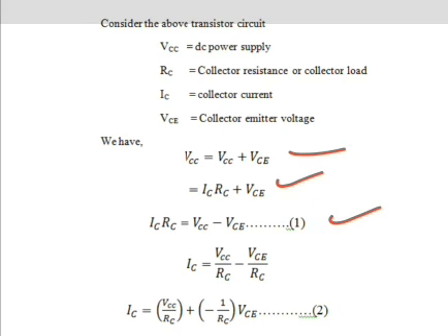Say that is equation 1. And IC equals VCC by RC minus VCE by RC. Therefore, IC equals VCC divided by RC plus minus 1 by RC into VCE.